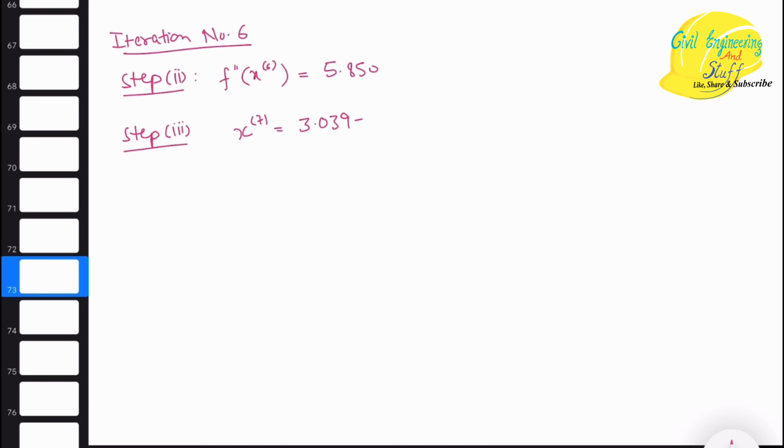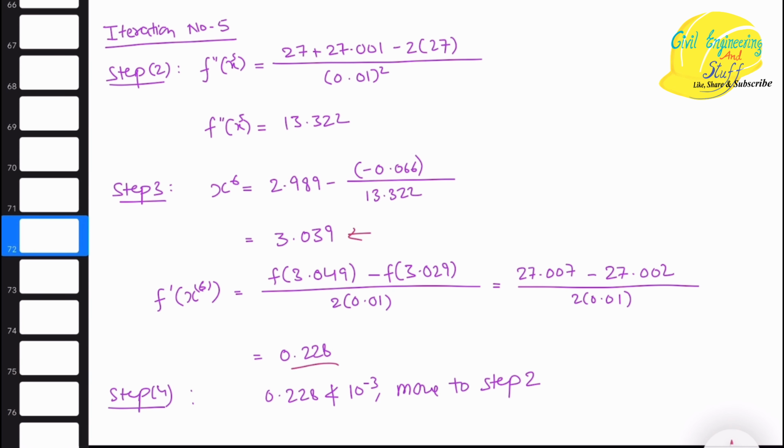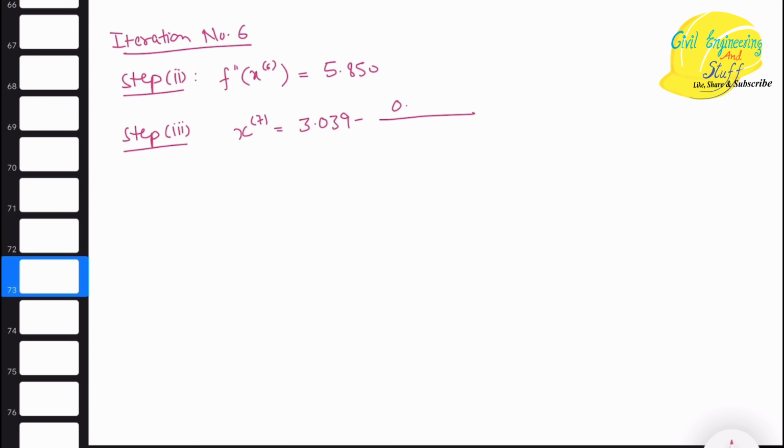So this is 3.039 minus the first derivative 0.228 divided by 5.850, and you will see this point comes out to be 3.0, right? So let's find out the first derivative of this point.